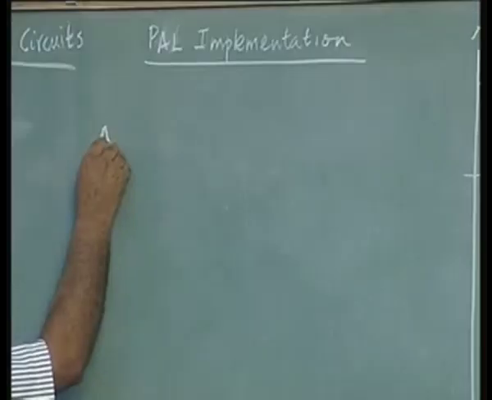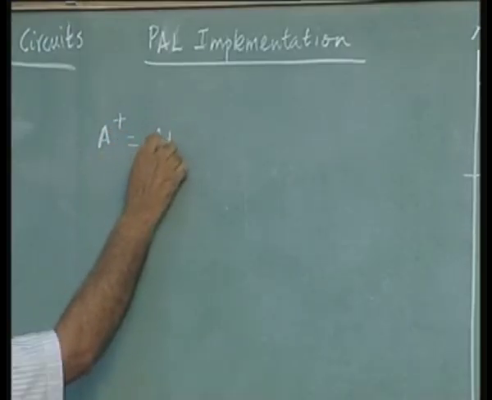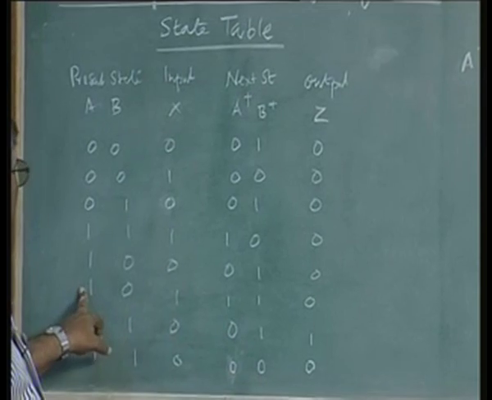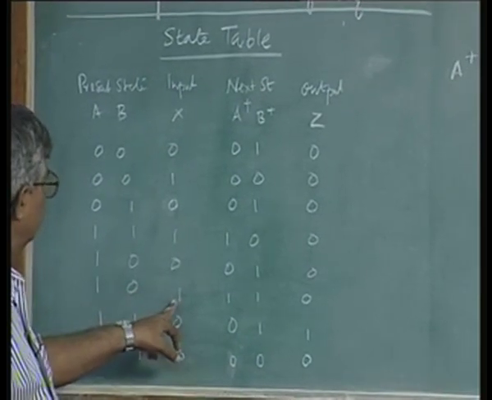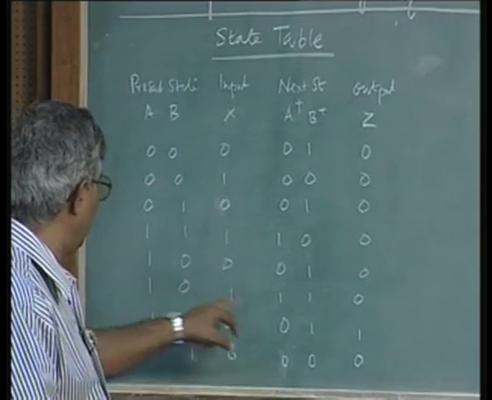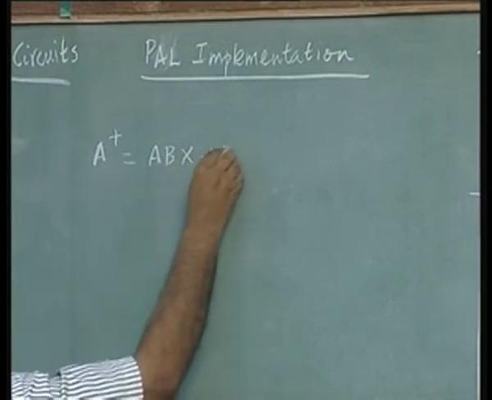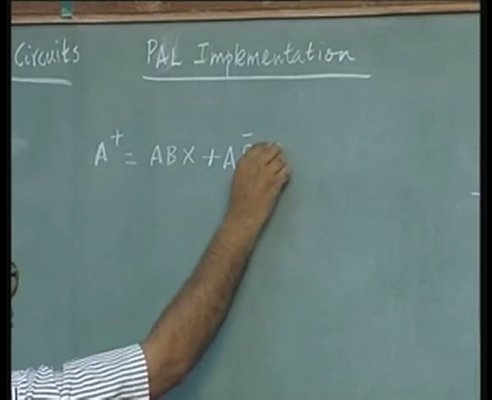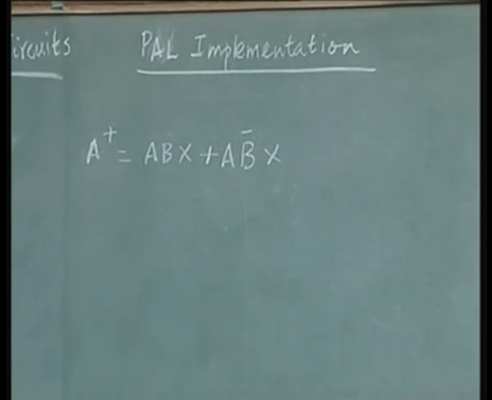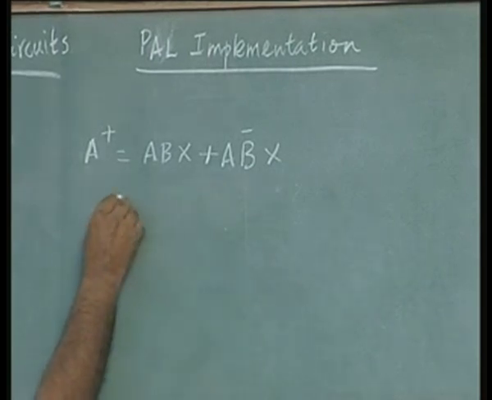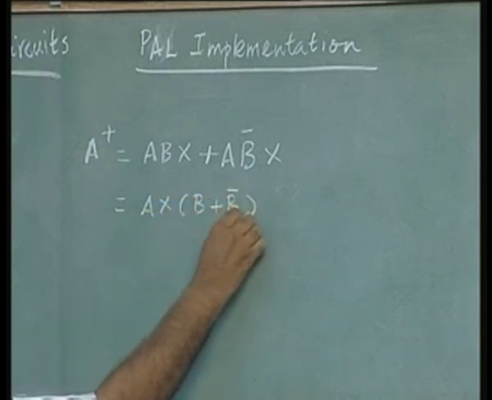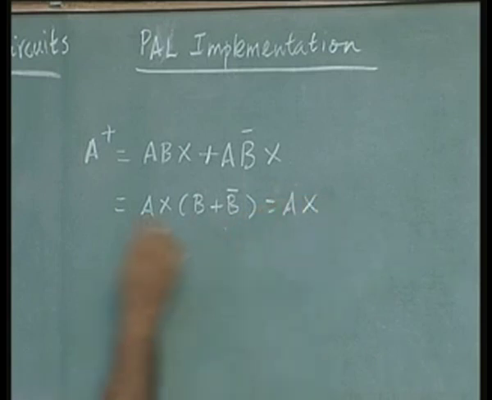So, A plus is A B X or A B bar X, which means I can take A common, and A plus is nothing but AX.